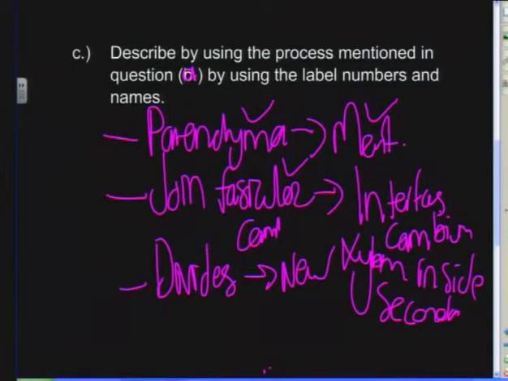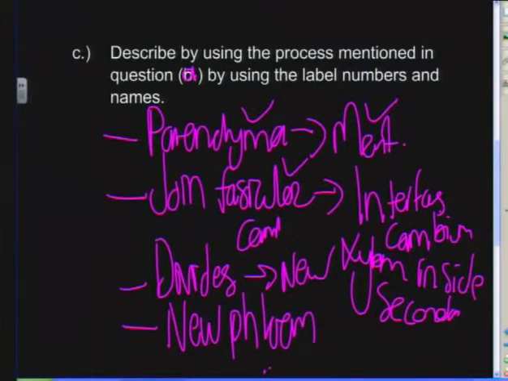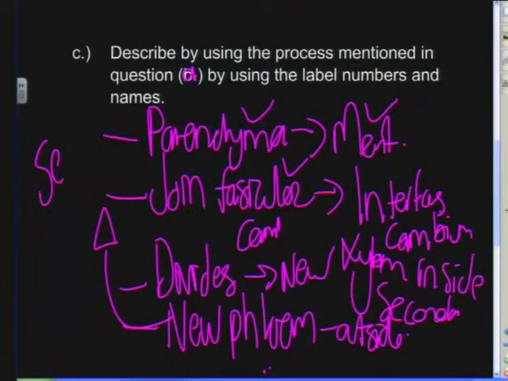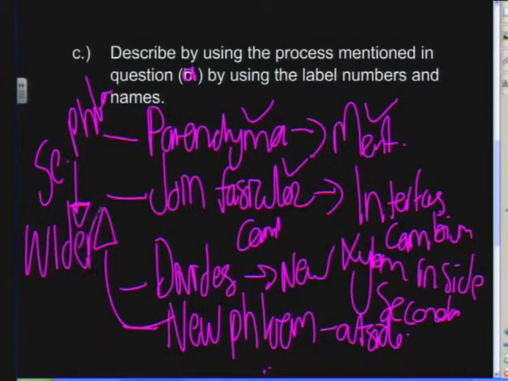No, I'm not going to get any more space. And then what happens? It lays down new phloem. Where's that new phloem? On the outside. What do we call that new phloem? Secondary phloem. And what has happened to the plant? Very simple, it has grown wider.